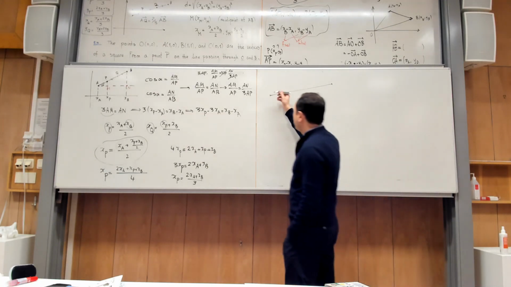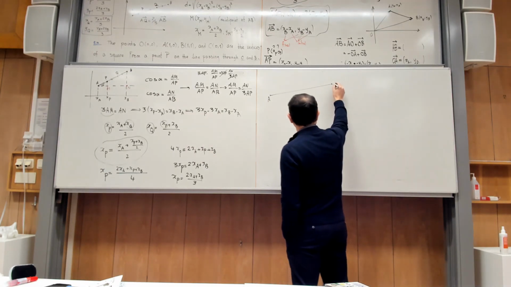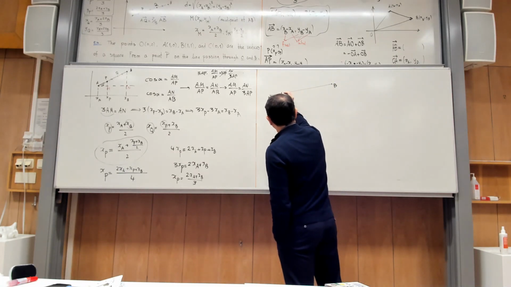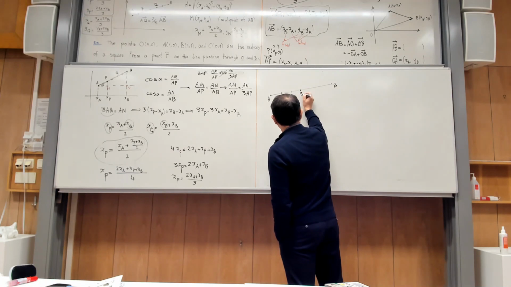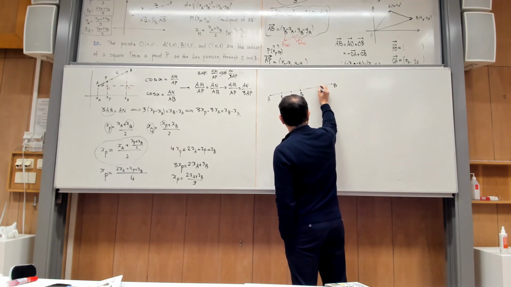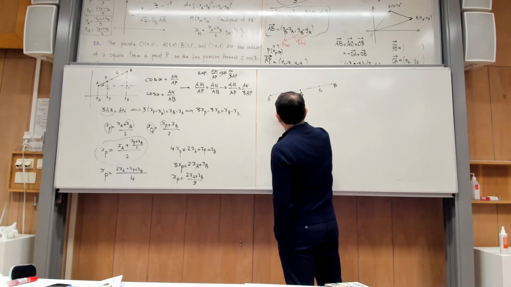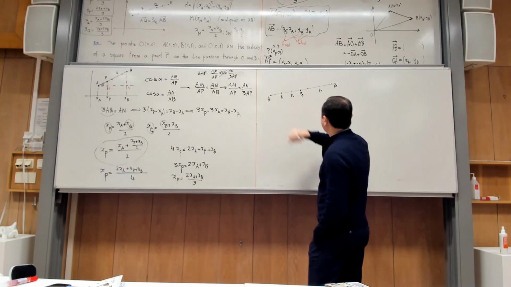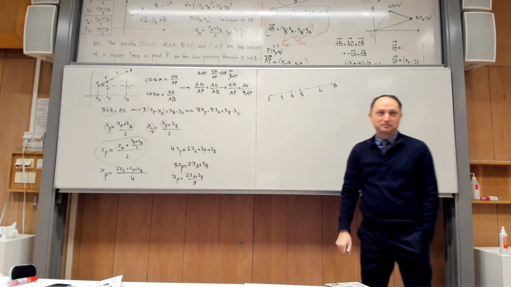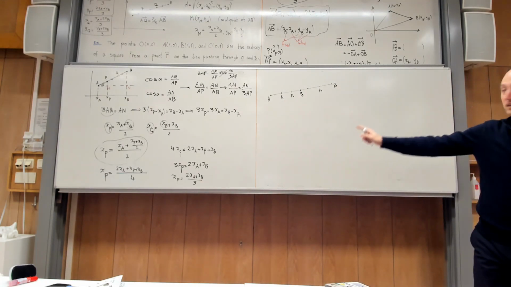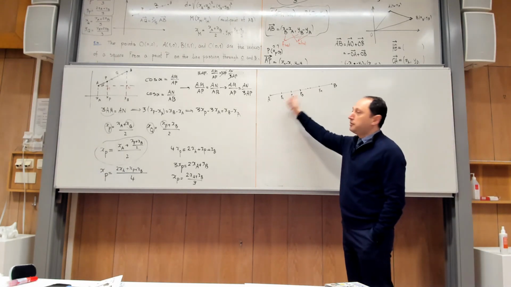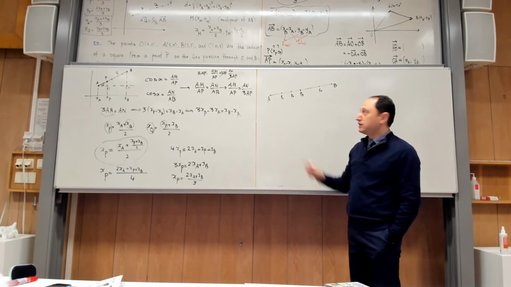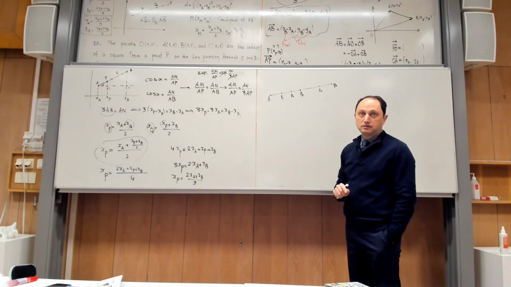So using vectors. What I'm saying is that this is A, this is B. I will put points P1, P2, P3, and then I will continue until the very last Pn. By the way, how many pieces are there if I have n points? This line is divided into how many pieces? n minus 1? n plus 1?